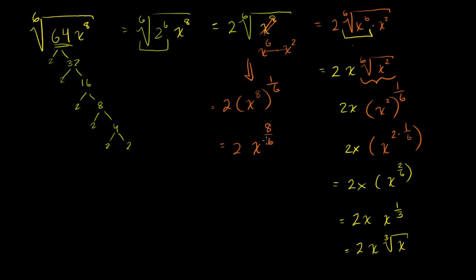Now we can reduce that fraction. That's going to be 2 times x to the 4/3 power. And this is completely equivalent. Why is that? Because we have 2 times x to the 1st power, times x to the 1/3 power. You add 1 to 1/3, you get 4/3.